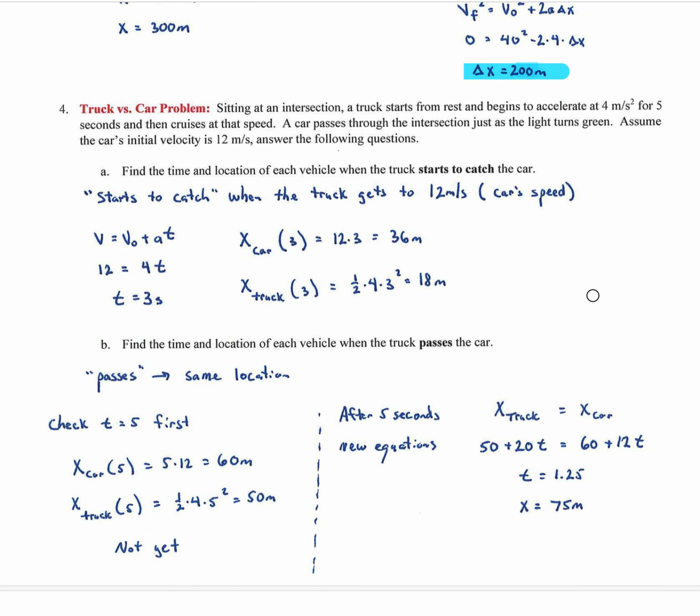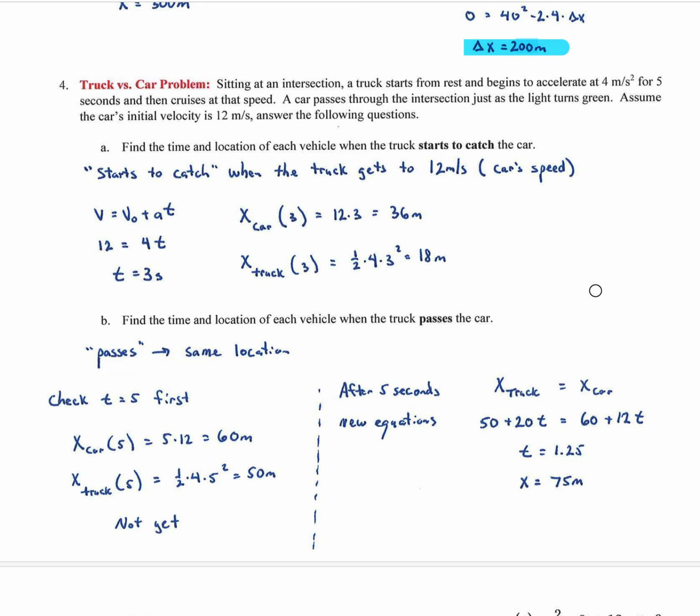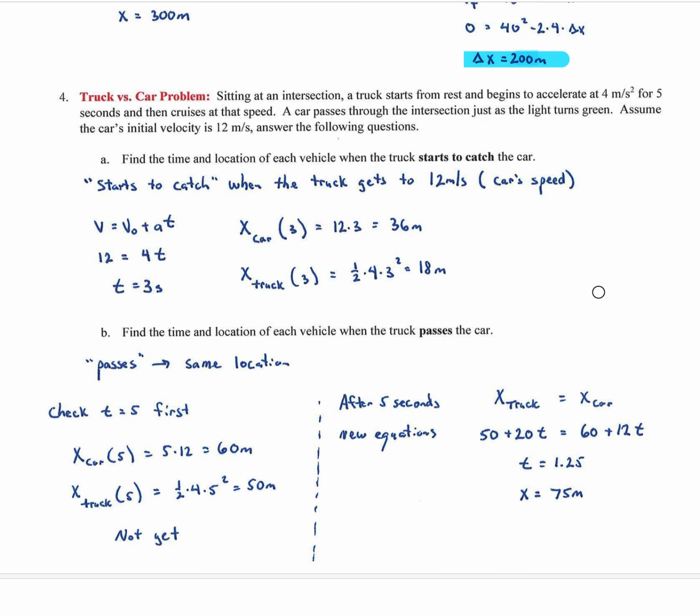All right, truck and car. This is like a passing and catching question. Again, we have to define the fact that starting to catch is when the truck gets to the car's speed, because after that, the truck will be going faster than the car, and then the truck will gain on the car. Originally the car flies by at 12 and the truck's just sitting there.